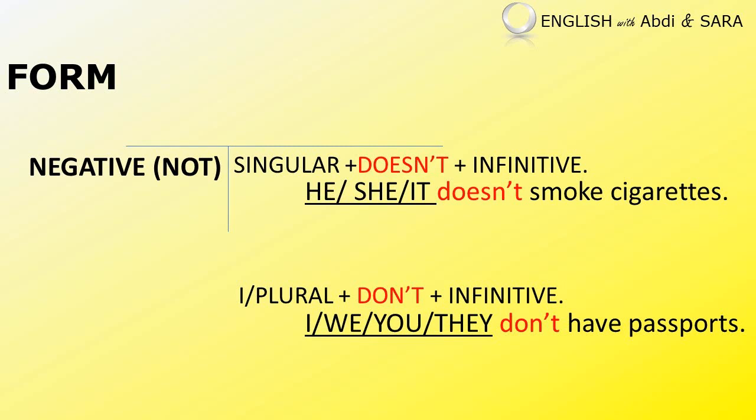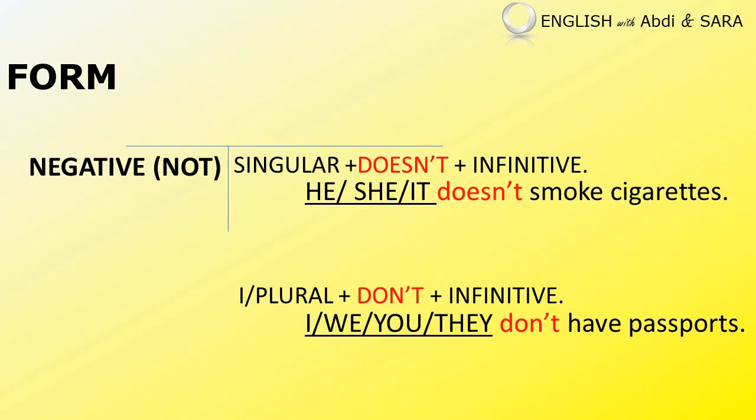Negative means refusing or not agreeing, by adding the word not. But in this case, we will use a helper. So the form in summary is singular plus doesn't plus infinitive.